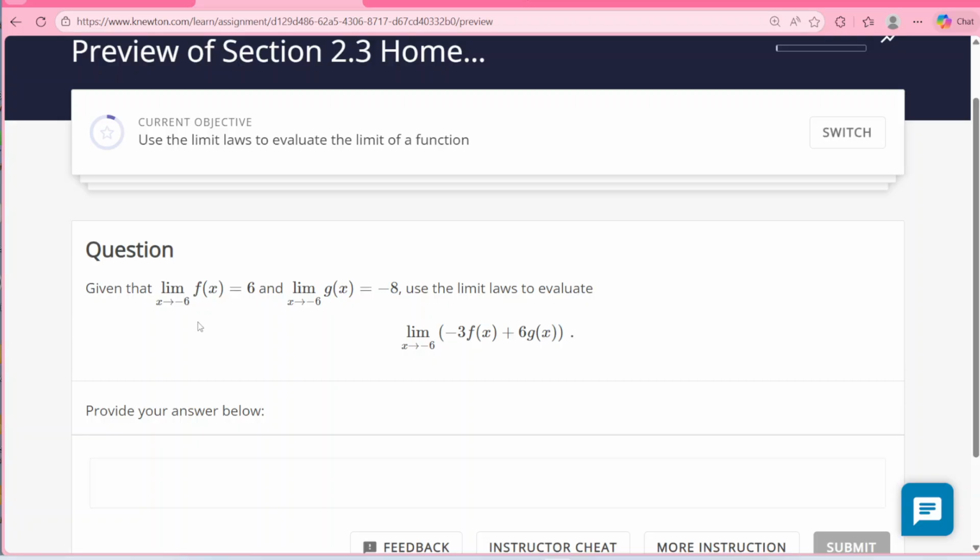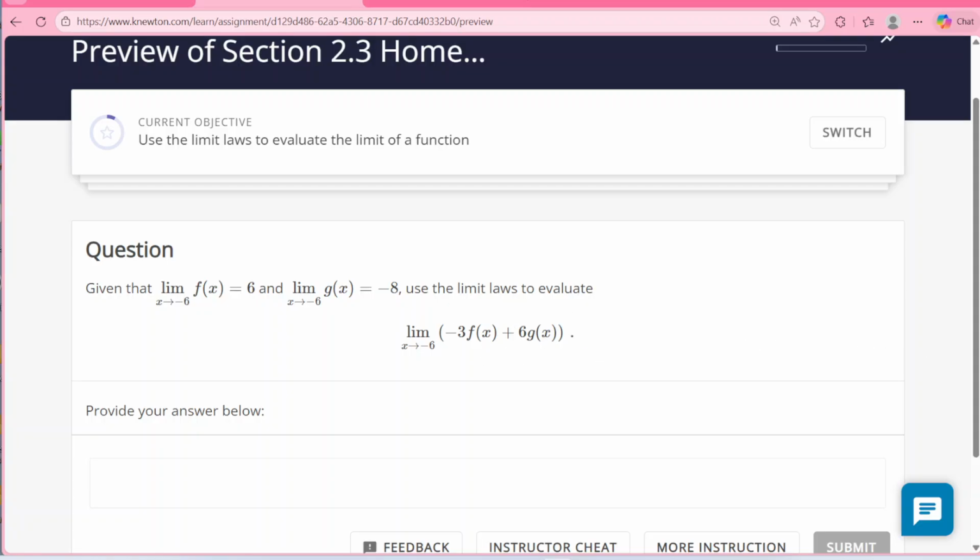You're applying the laws. I'm given these two limits that exist and are some finite value. We're told that the limit as x approaches -6 of f is 6, and the limit as x approaches -6 of g is -8. And we're asked to evaluate this.